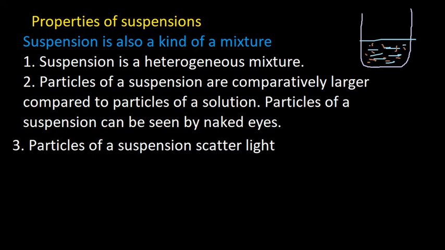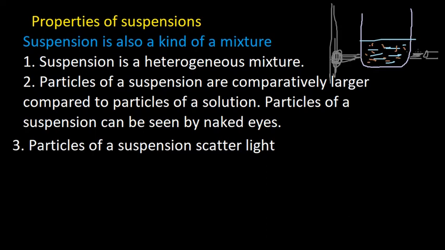Now suppose if you have a flashlight like a torch and you put some light, we have seen in earlier case, in the case of solutions, that this light passes through the vessel, passes through the mixture and comes out from the other side, and we can see the light on a screen.